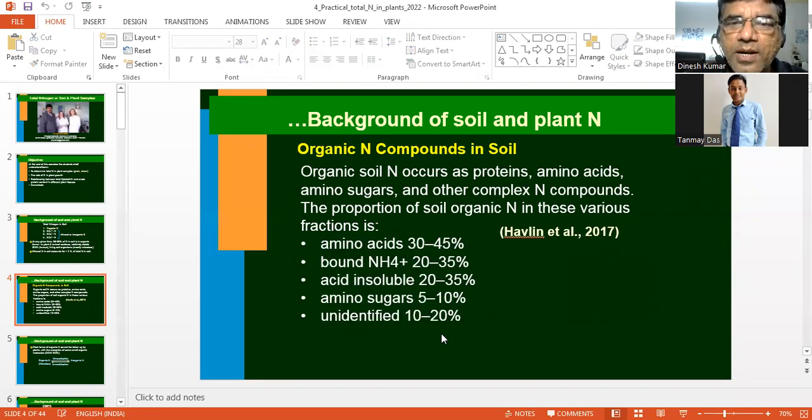Whatever the total organic nitrogen is, amino acids contribute 30 to 45% of it. So these are the major forms of organic nitrogen.